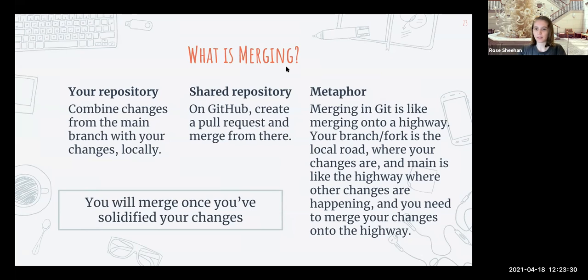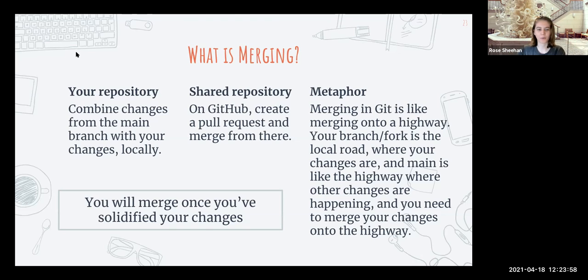In this case, on your local terminal or IDE, you can combine changes from your branch and pull them into main. If you're working in a shared repository or something that you forked, you're more likely to create a pull request on GitHub and merge from there. We're going to go into more detail about what the steps are for doing each of these things.